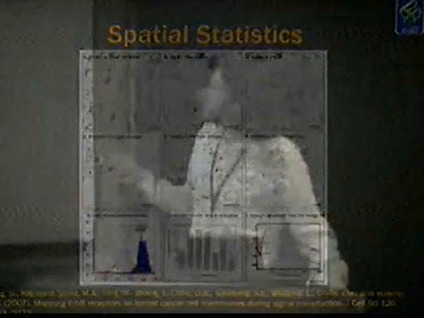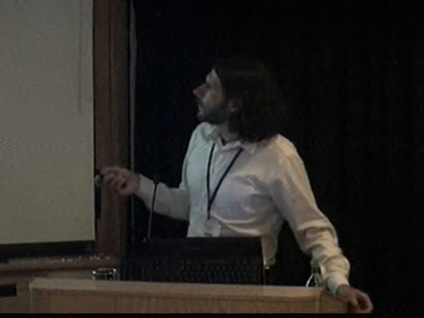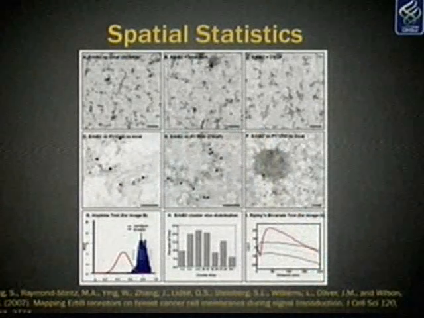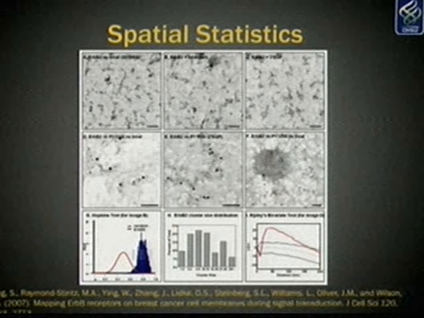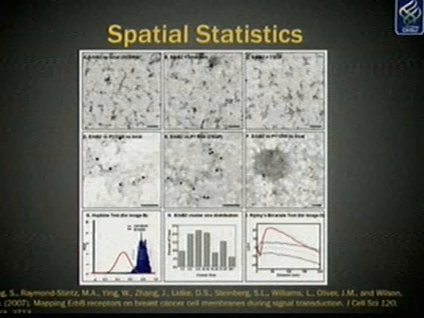So in this case, there's not much difference in the clustering of these HER2 molecules whether the inhibitor is present or not. In this case, the HER2 molecules have been double labeled with two different size gold beads. And this is their quantification of it. This is the actual distribution of distances between each other, and this is what you would expect by chance. So you can put some statistics on this.